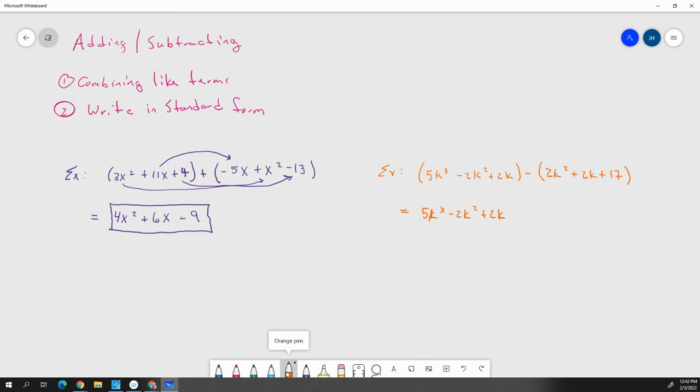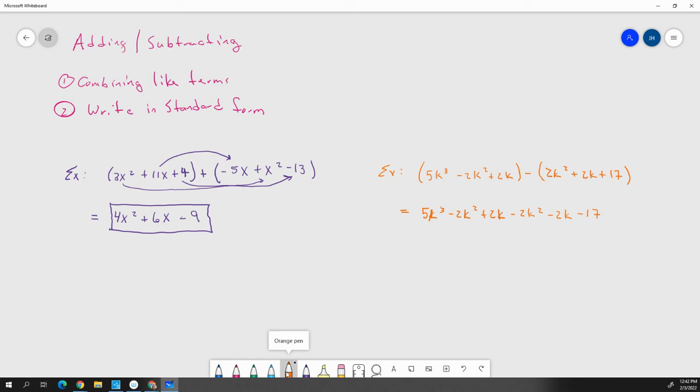So we have to apply that negative to each piece. We have to distribute it to each piece in there, which ultimately just changes the signs of everything in there. So when I pull this out, this would become minus 2k squared minus 2k minus 17.